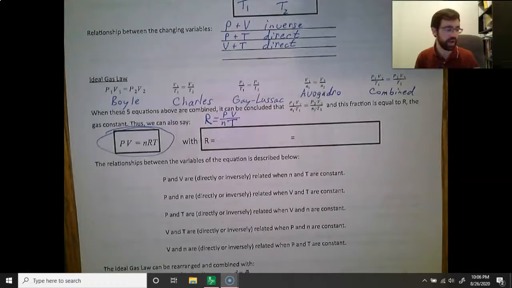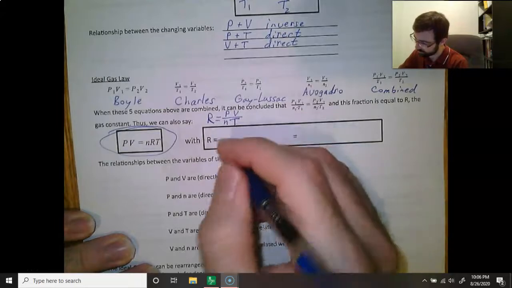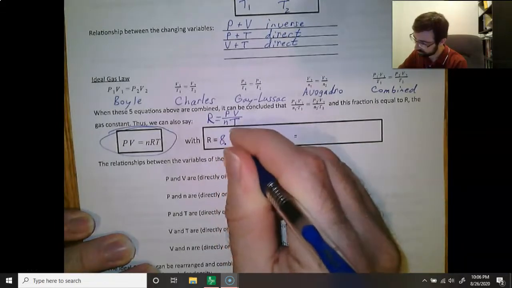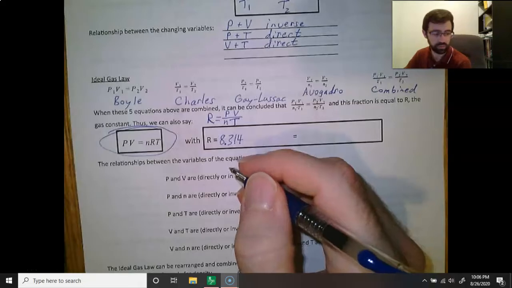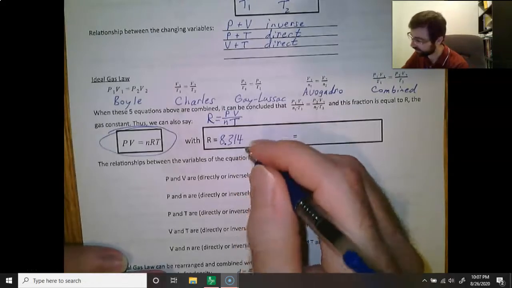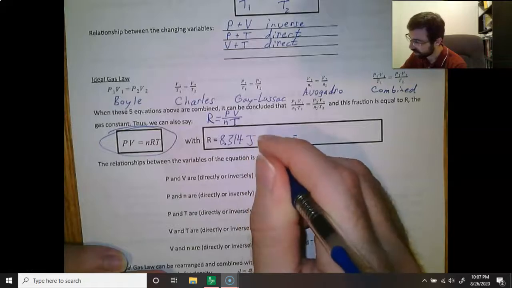There's a few different values of R. We want to write them down the way that it's going to appear to you on the AP exam. So one value of R is 8.314. And the units of that one are joules per mole Kelvin.